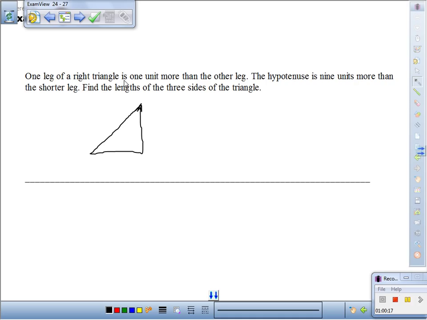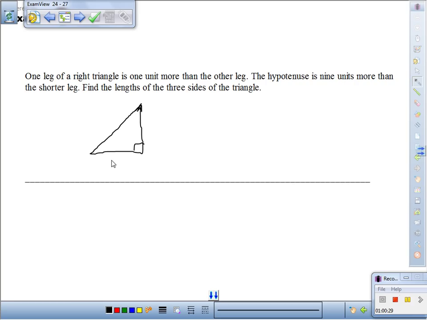It says one leg of a right triangle is one more than the other leg. The hypotenuse is 9 units more. So we know that the hypotenuse is right across from the right angle. This is the hypotenuse. One leg is one more unit than the other leg.